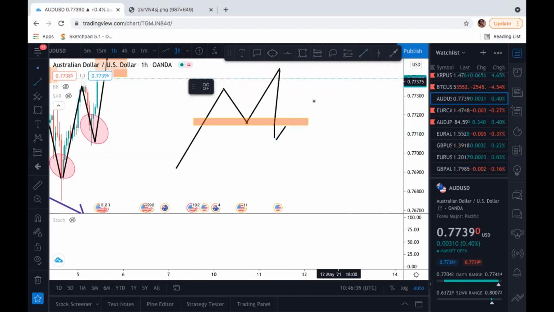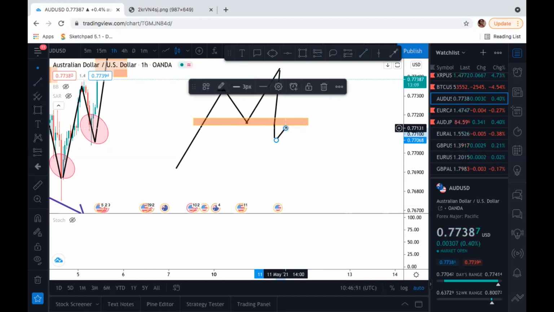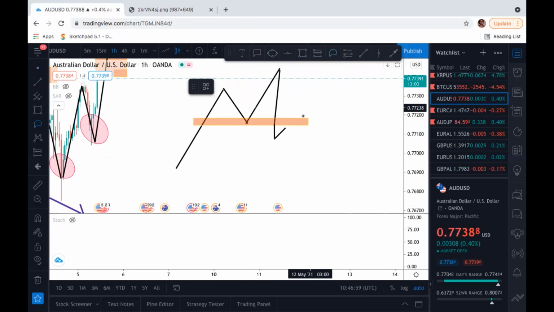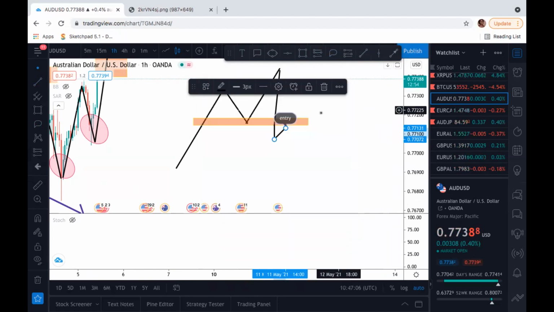Sometimes it goes back a bit higher. Sometimes it does this. It goes a bit above and then it pulls back down. Most of the times, it stays near the entry point. And this is where you enter right here, right? This is where you enter with a sell.